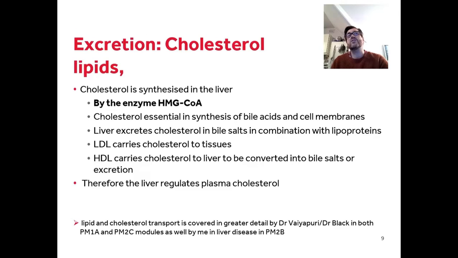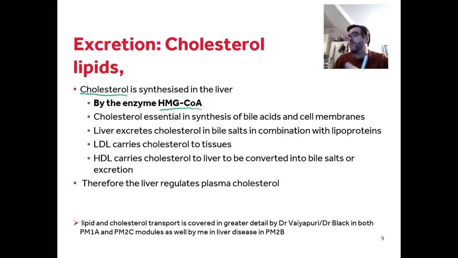Now, I also mentioned that the liver played a role in excretion, and that's particularly true in the excretion of lipids and also the excretion of cholesterol. Now, cholesterol is synthesized in the liver, and that's by the enzyme called HMG coenzyme A. I'm not going to go into the name.